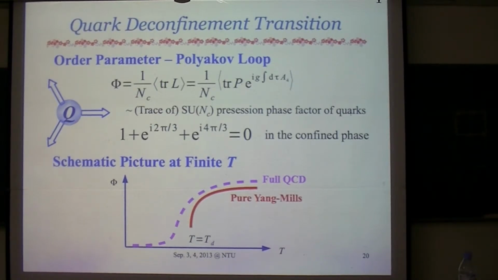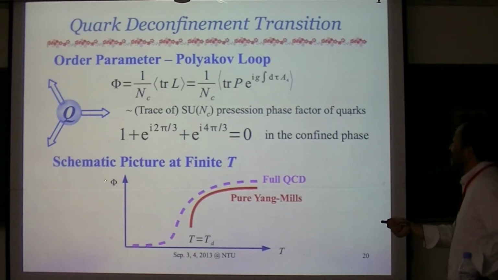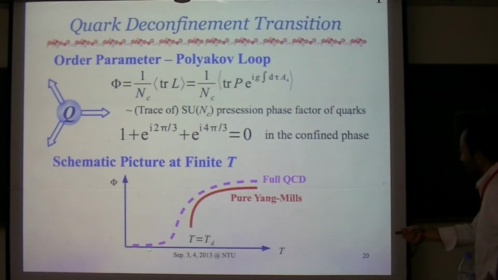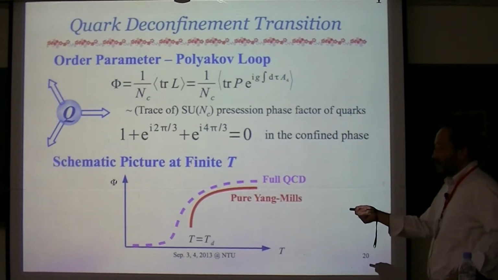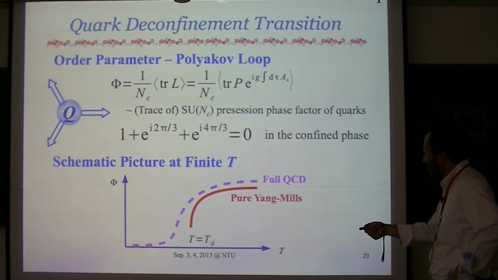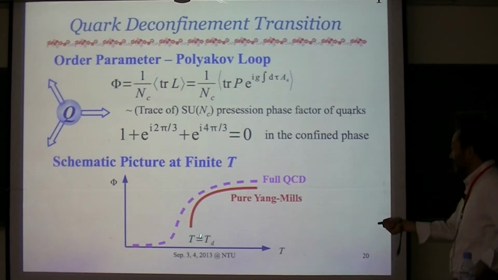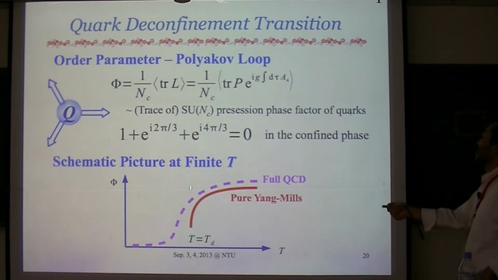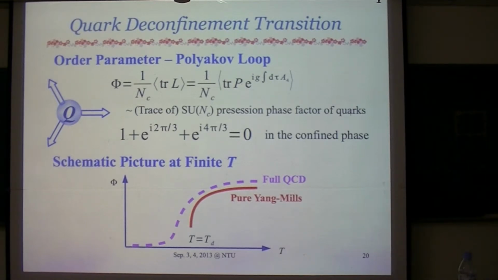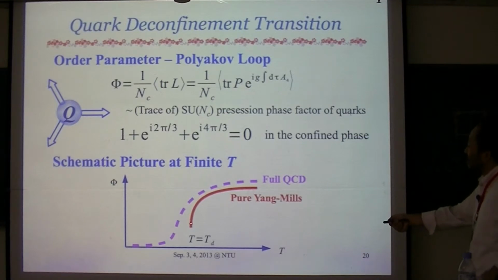If you look at this order parameter's behavior as a function of the temperature, it must be 0 up to some point. Then there is a phase transition corresponding to the deconfinement, and then this order parameter must take some finite value.